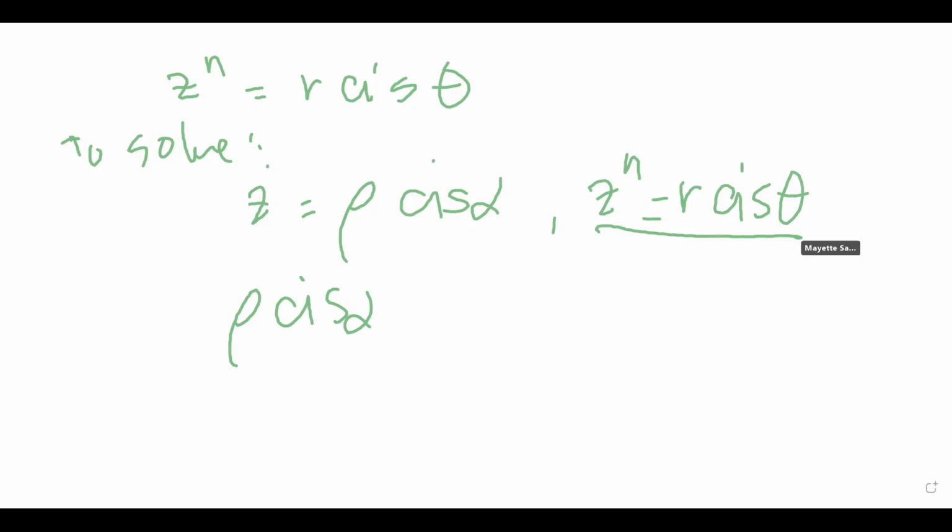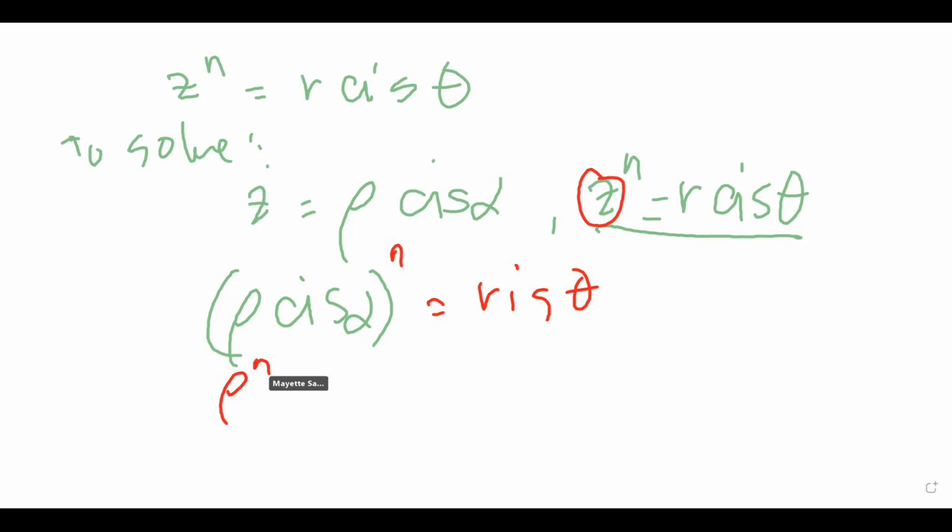So we have rho CIS alpha, this is the z here, correct, to the n is equal to r CIS theta. And then we apply De Moivre's theorem, and this will now be rho^n CIS n alpha is equal to r CIS theta.